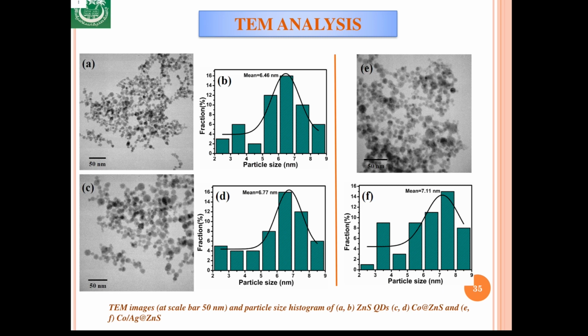The as prepared undoped zinc sulfide quantum dots were found to have a mean diameter of roughly 6.5 nanometer, and the mean diameter of the zinc sulfide quantum dots doped with cobalt, as well as cobalt and silver, were found to have values of 6.7 nanometer and 7.11 nanometer, fulfilling the criterion to be called quantum dots.